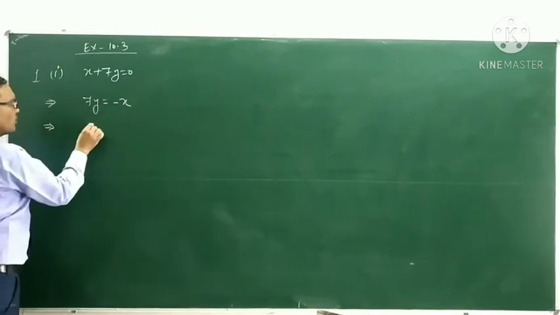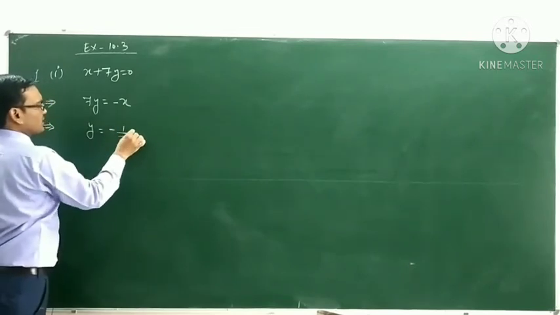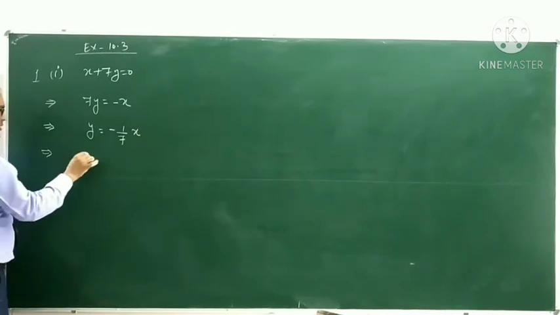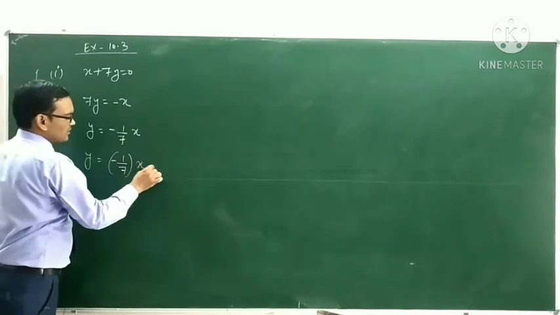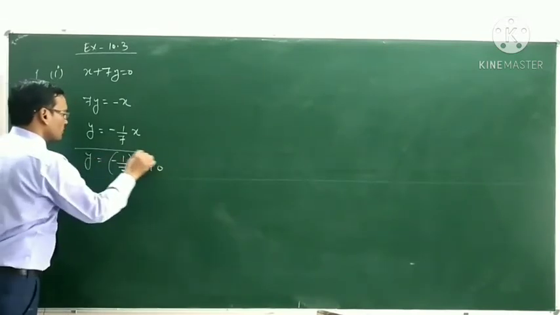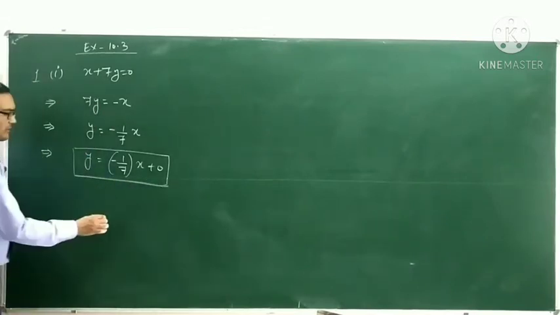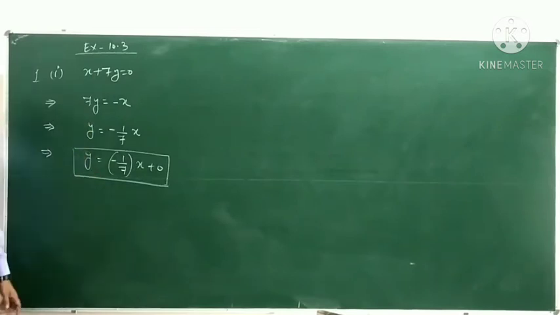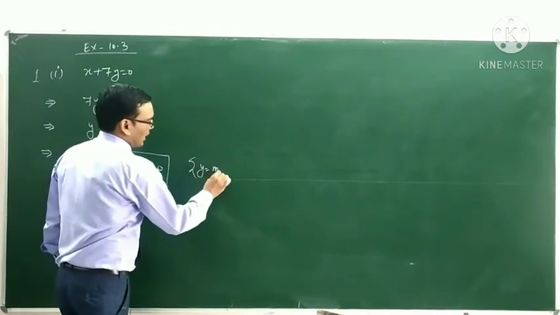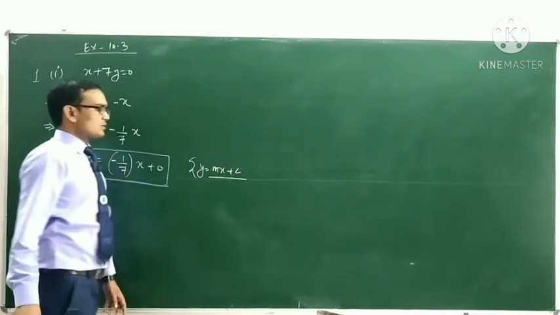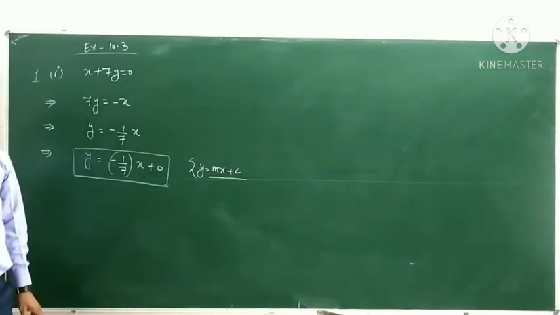This implies that y equal to minus 1 by 7 x plus 0, which is the slope intercept form of the equation x plus 7y equal to 0. This is the form of y equal to mx plus c.